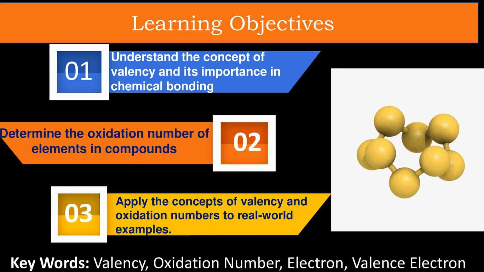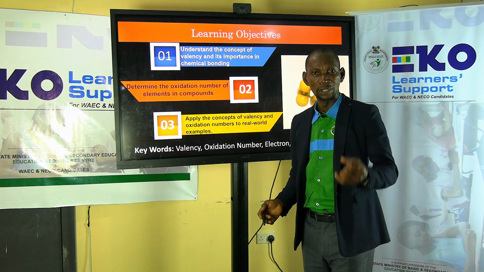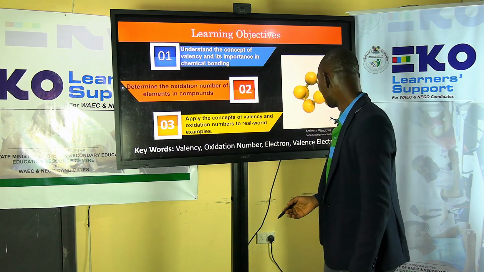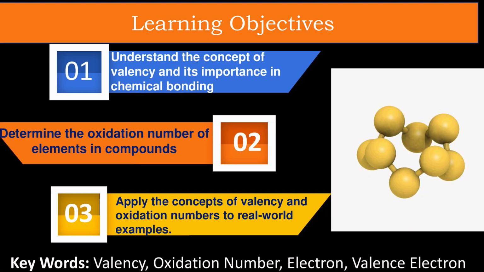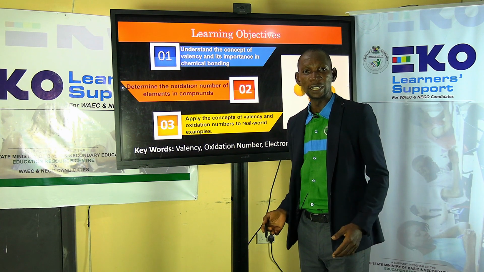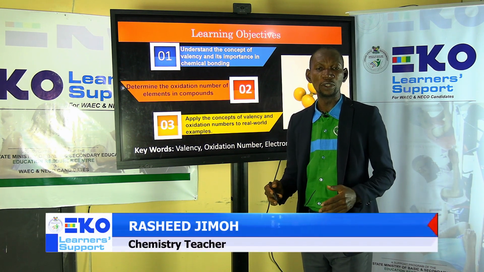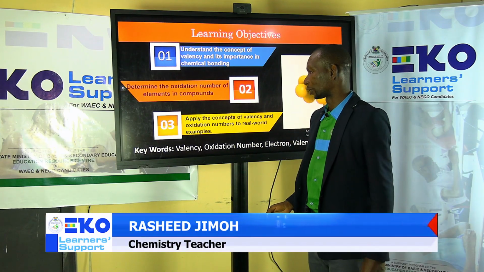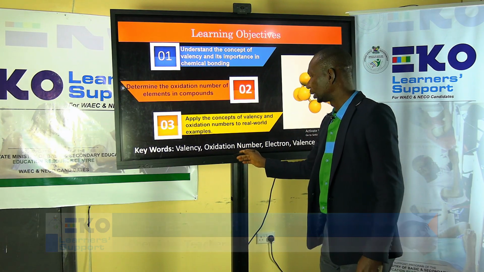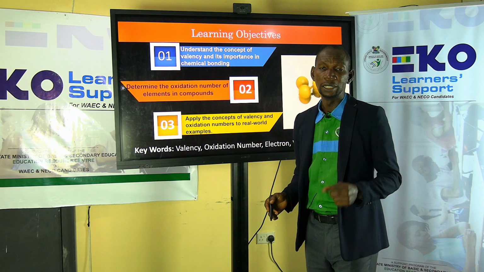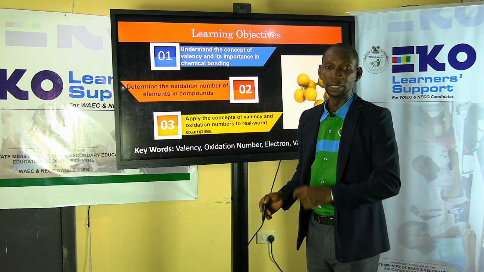Electron, of course, is one of the subatomic particles. The others are proton and what? Neutron. You're amazing. And lastly, valence electron. What do we mean by valence electron? It is actually the number of electrons on the outermost shell of an atom. I believe that you have written down all of these keywords as they will be very instrumental in you understanding this topic.